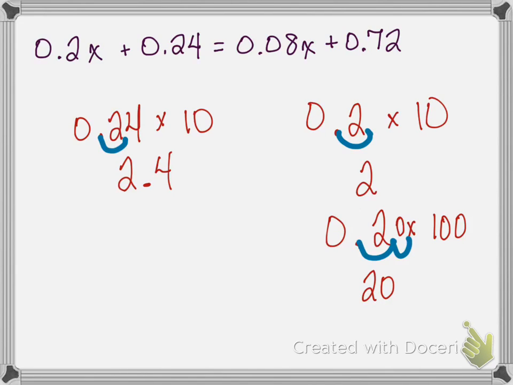And if my goal is to eliminate the decimals, multiplying 24/100 by 10 doesn't do it. It doesn't cut it. So I have to multiply this 0.24 by 100 to get rid of the decimal completely in 24/100.